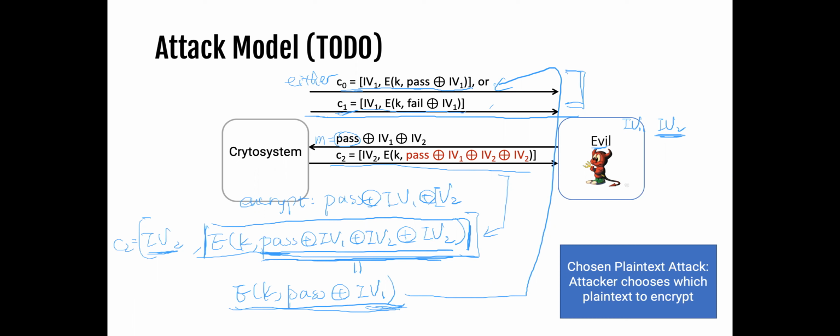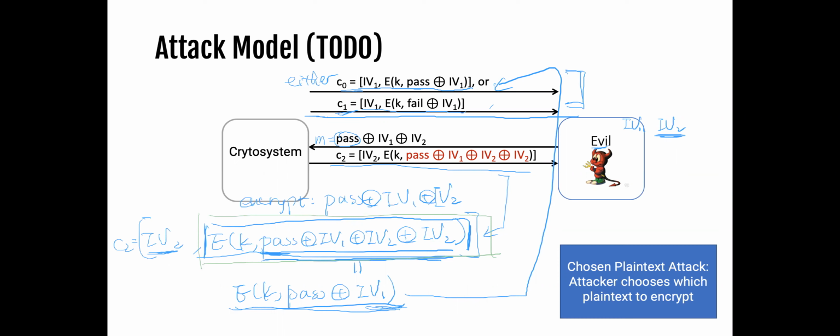So in that function that you wrote down there, the K, pass XOR IV, that long one. Yeah. In a sense, they're just putting in C0 because they still don't know it's pass. They're not actually using pass, or IV XOR IV2, right?